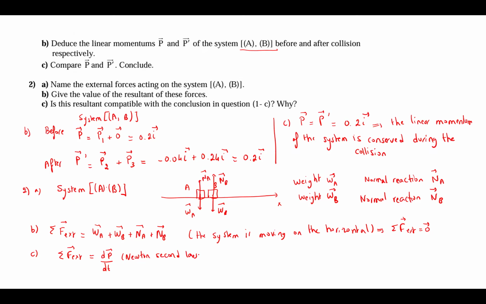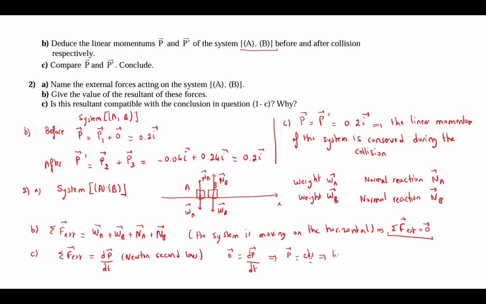If the sum of the external forces is equal to 0, then dp over dt equals 0, which means p is constant. So yes, it's compatible with our answer.